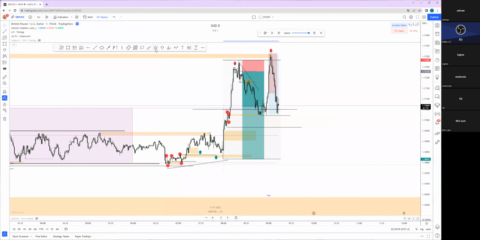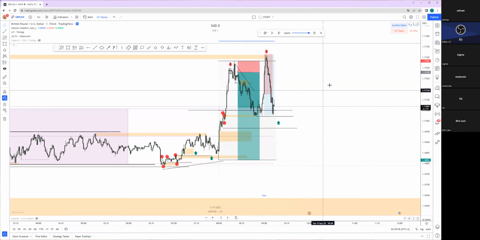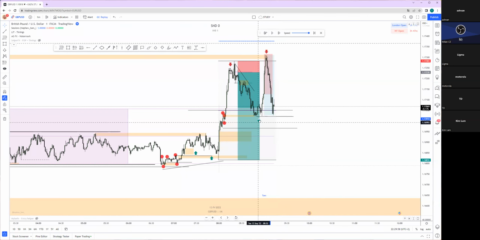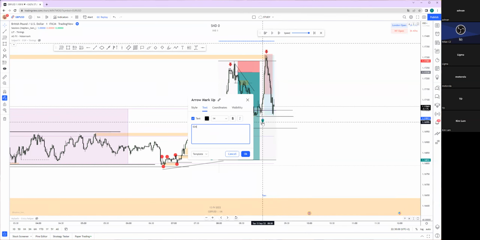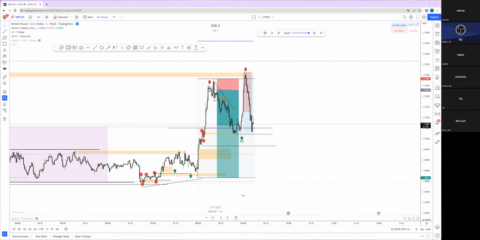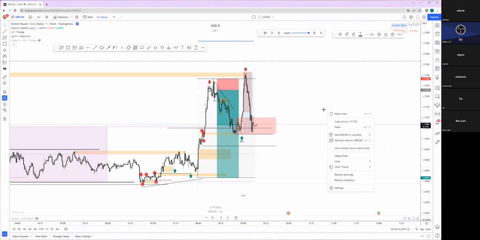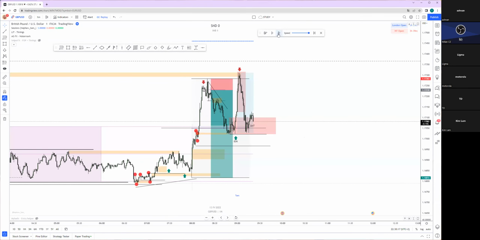And this would be a place to buy for me, because we are building up right below. And this would also be an inducement for me, because just break structure up, and naturally this would be an SMT, right? Because what breaks structure is the smart money trap, as the common knowledge.